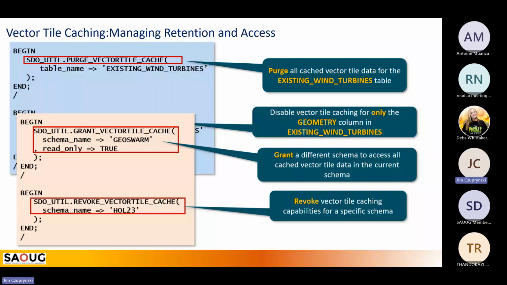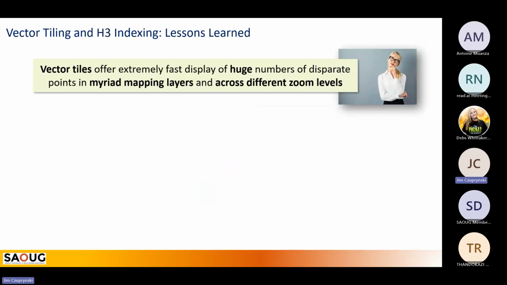I could grant it the ability to look at those vector tiles, even though in my case, the vector tile cache is created in the HOL23 schema. And I can also revoke the capability of a schema to actually create vector tiles. So turn it off completely for a particular schema. Just some example code there.